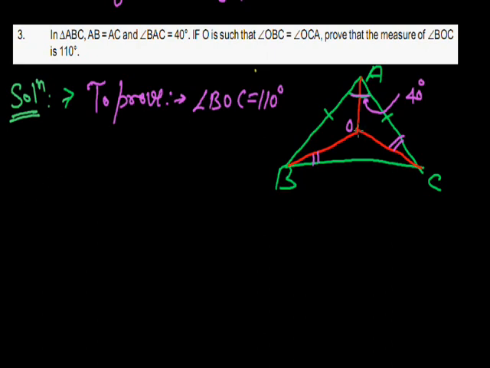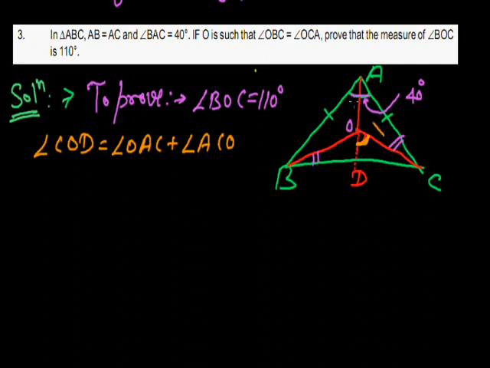Now let us extend this AO to a point D. Now angle COD will be equal to angle OAC plus angle ACO, by the exterior angle property: the exterior angle DOC is equal to the sum of the opposite interior angles, that means angle OAC plus angle ACO.